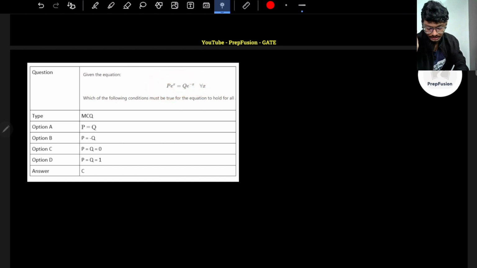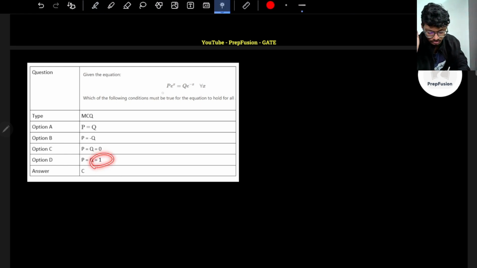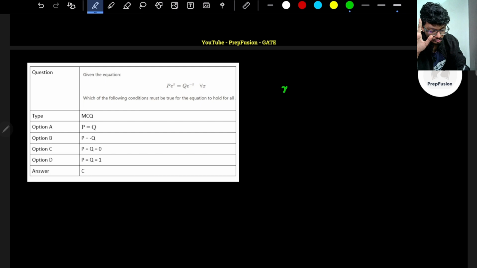Few educators were giving the answer as p equals q equals 1, which is incorrect, because for p equals q equals 1 it will never be true. Sorry, what I meant was, at x equals 0, this will satisfy for this particular option.